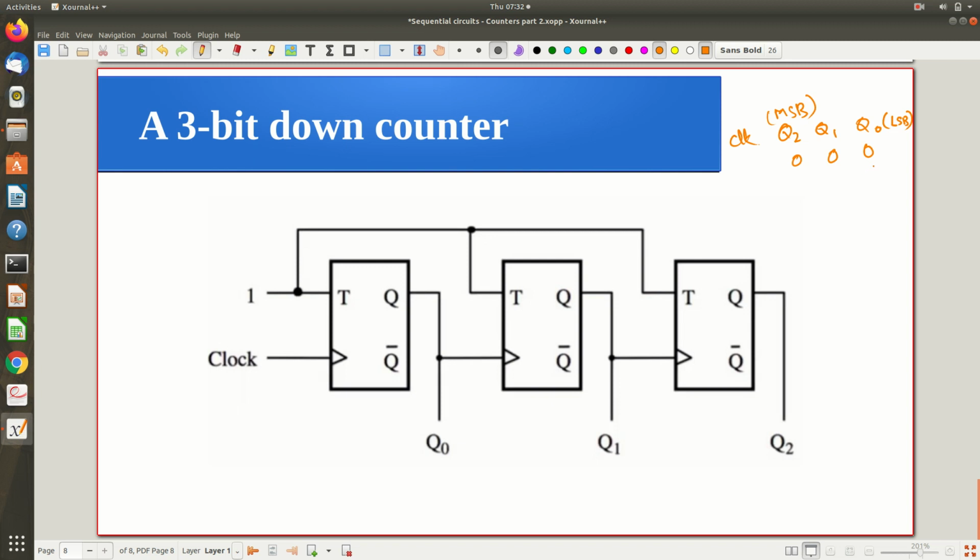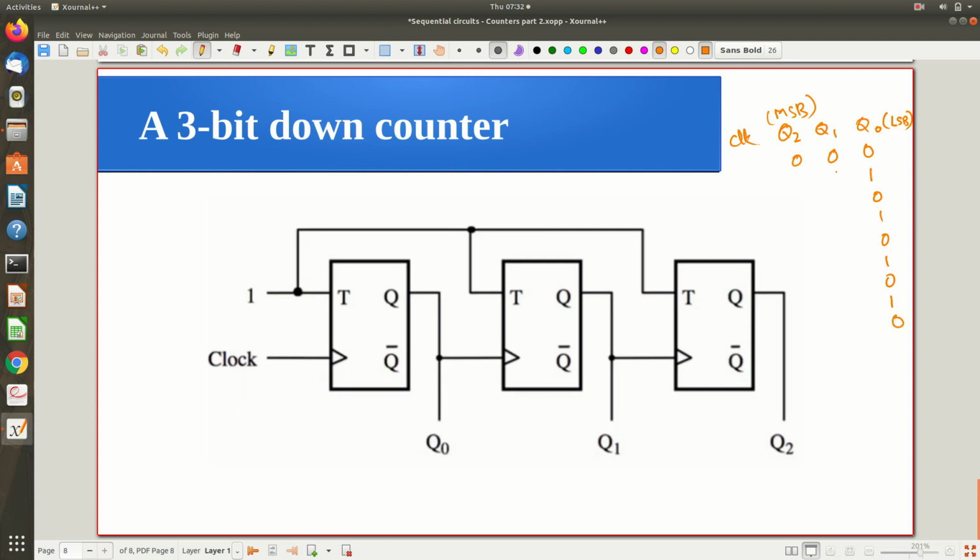Initially we assumed that everybody is in 0 0 0, so Q0 will always toggle. There is no doubt on that. Now what about Q1?